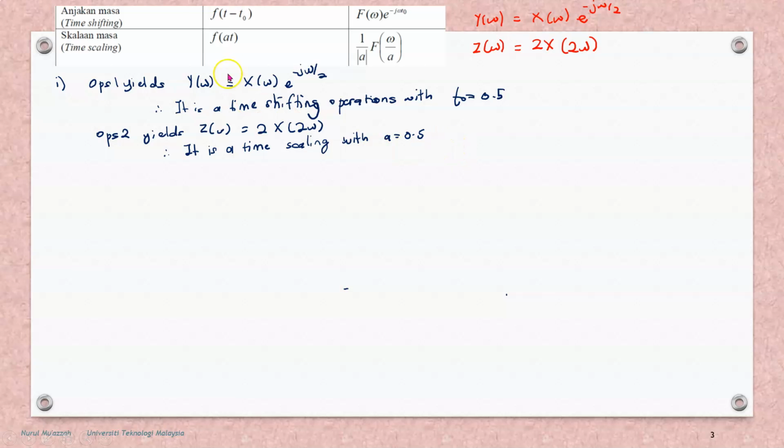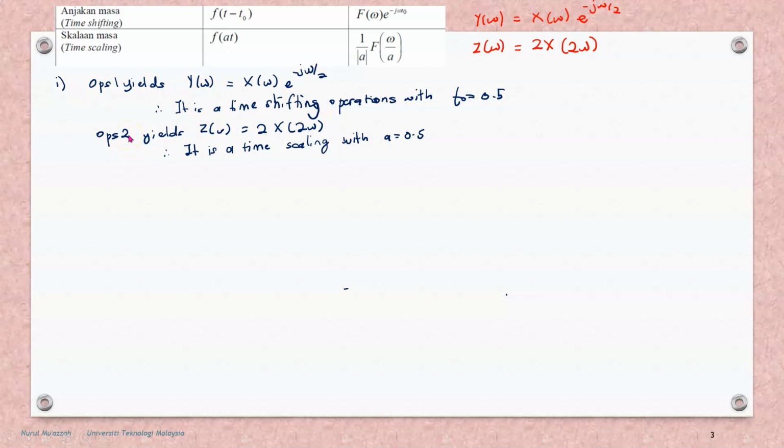This is because when a is 0.5, it means 1 over 2. So ω divided by 0.5 is 2, 1 divided by 0.5 is 2, so it becomes 2ω. Basically this is an amplitude scaling. So we have answered question number 1.